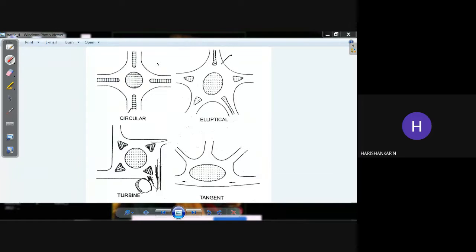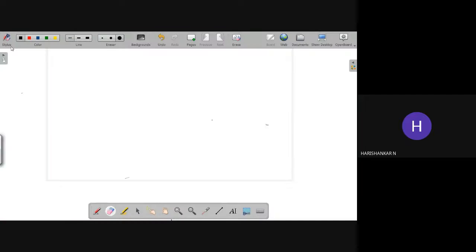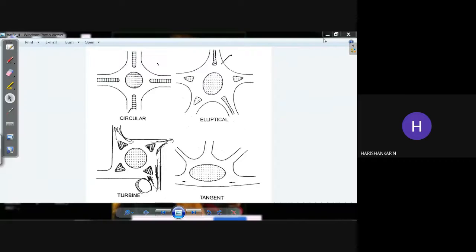But for entering the rotary, the vehicle has to take a curve. Here also for entering the rotary, the vehicle has to take a curve. But here it need not take any curve. So in the previous figure also we have seen the vehicles should take more curvature while entering.